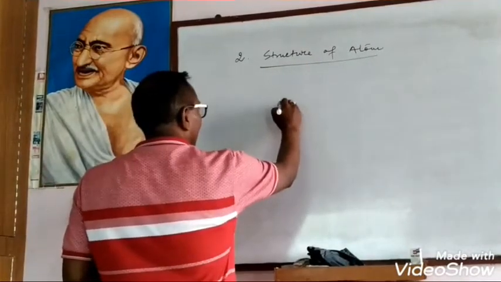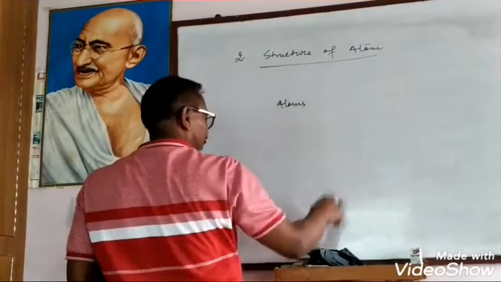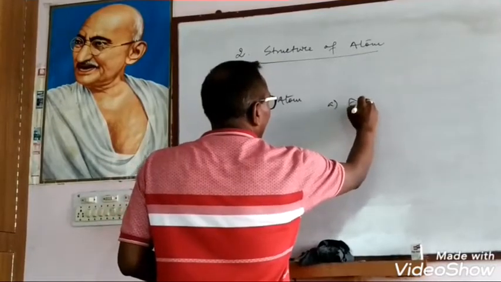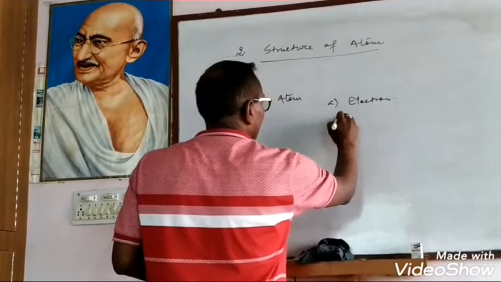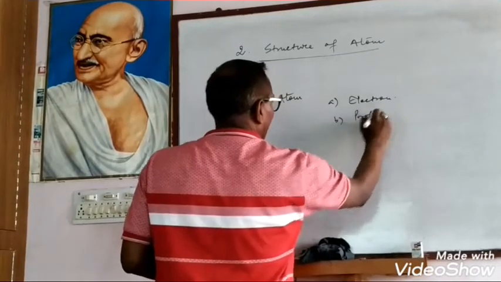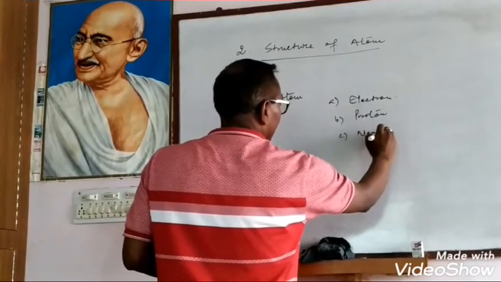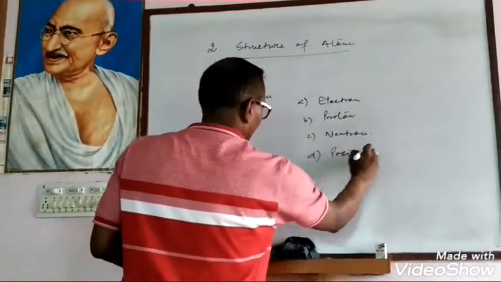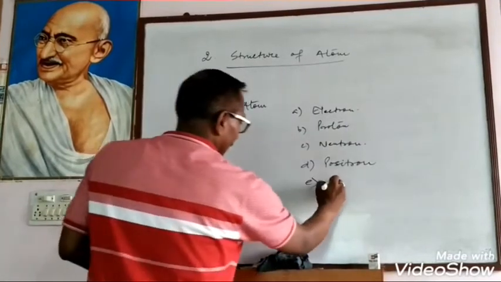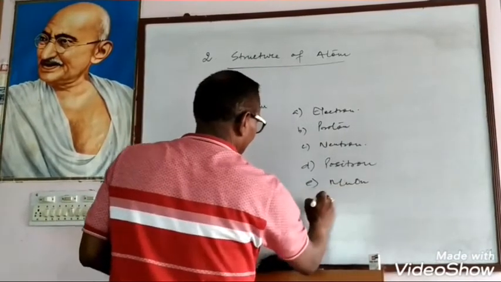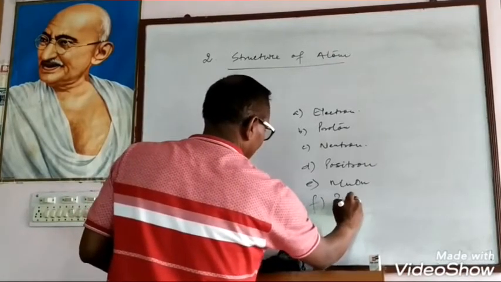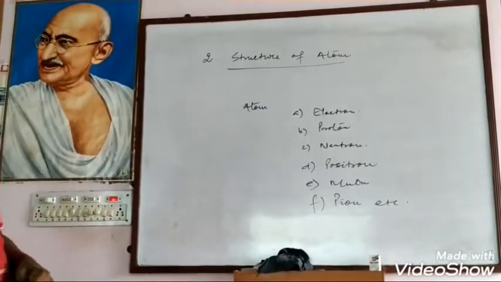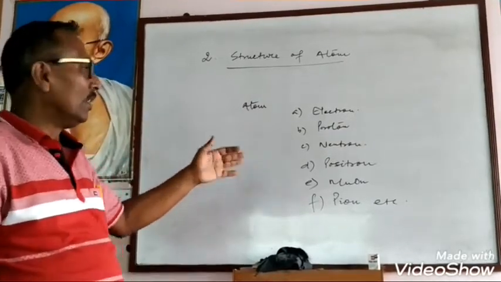Some of the particles of atom are electron, proton, neutron, positron, then muon, pion, etc. Many particles are there and you will get to know later on.